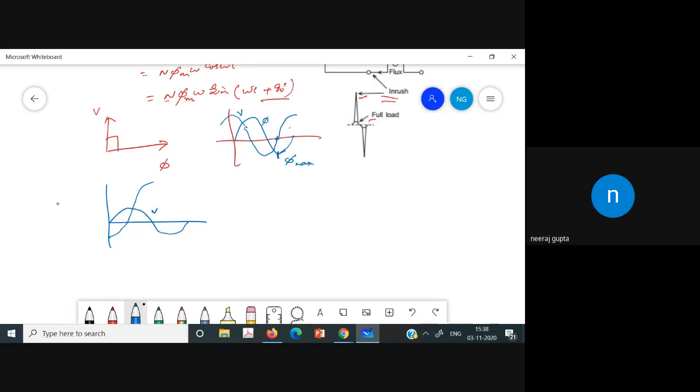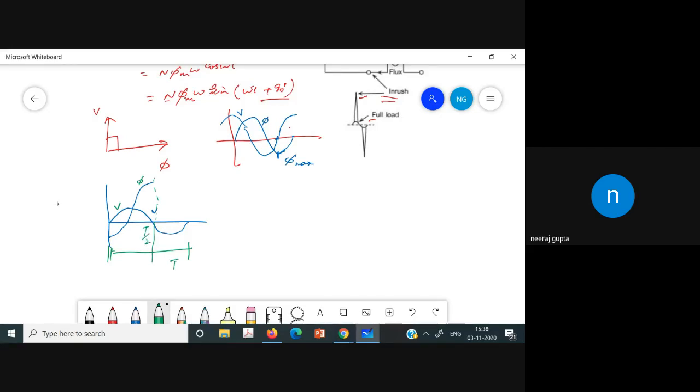So this is the voltage waveform and this is the flux waveform which lags it by an angle of pi by 2. Now this is the time period of that. This is the voltage, this is the flux, and this is the time period, let us suppose T. And here we will have T by 2.